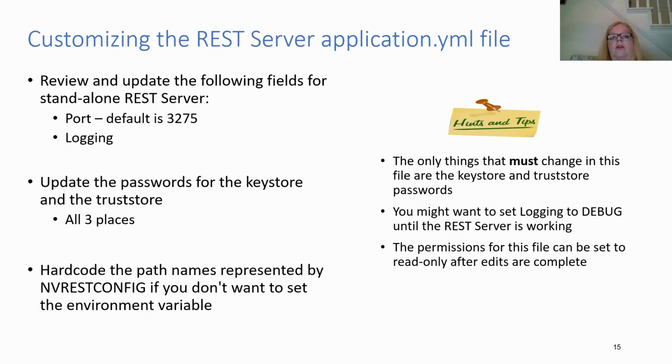Of course, if you need to use a different port, you'll have to change that. I've already mentioned the fact that you might want to set debug on. And then one of the questions we got from a user was, do these file permissions have to stay in edit mode once we've set everything up? And no, you can absolutely change the file permissions to read only after you're done with this file and everything is working.